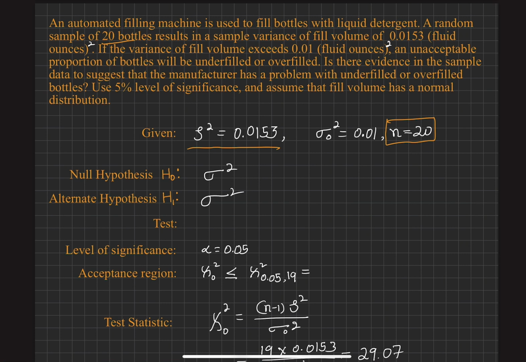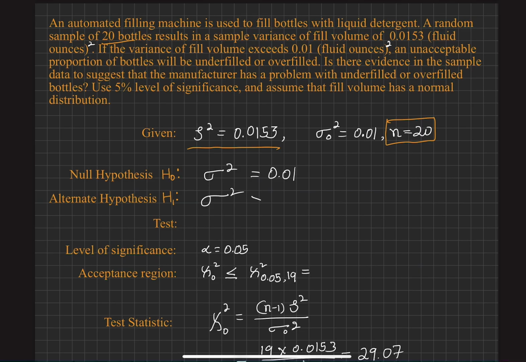So let us consider the hypothesis we are going to discuss. This one is null hypothesis. That is the equality of the variance here. That will be sigma square is equal to 0.01. And the alternate hypothesis, here the problem is with the variance being more. If variance is less, we don't have a problem. Variance exceeds 0.01, then there is a problem.